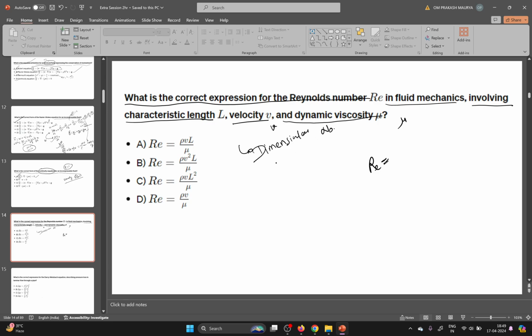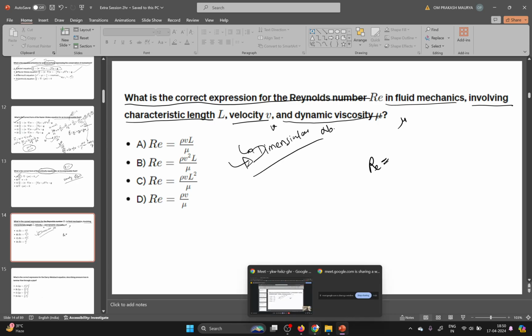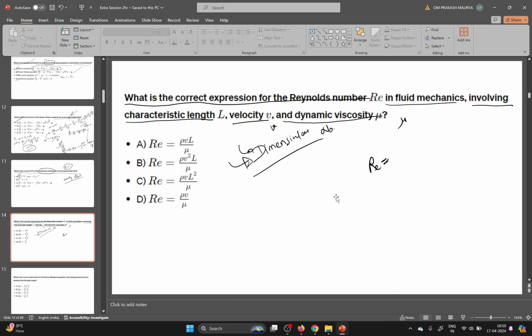The Reynolds number, as you know already, is a dimensionless number. As hydraulic engineers, we always try to non-dimensionalize everything because we can compare very easily. Sometimes it is not possible for everything, but sometimes it is very helpful.